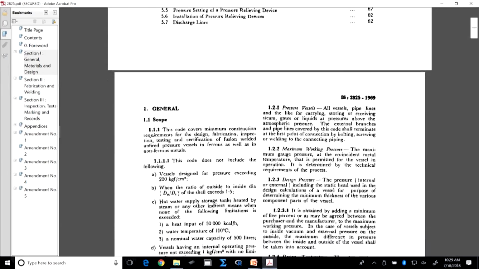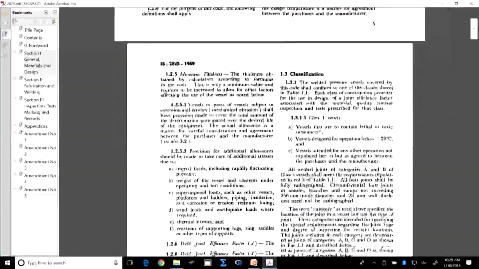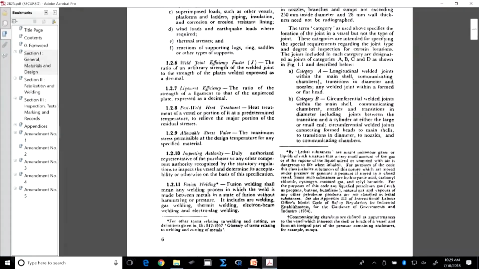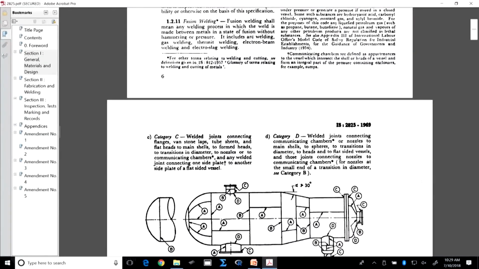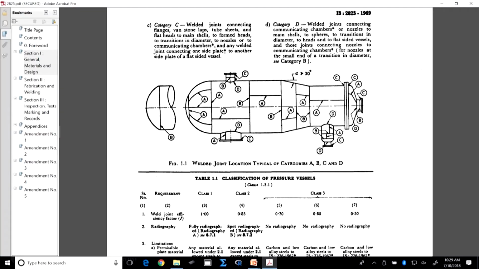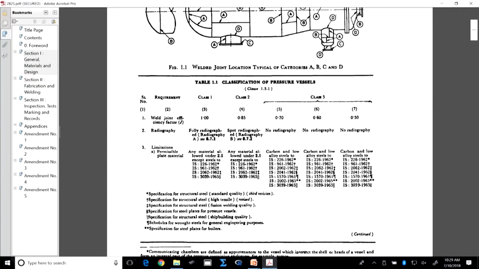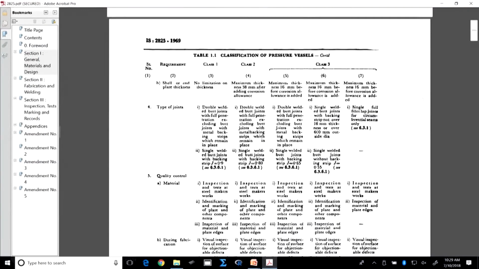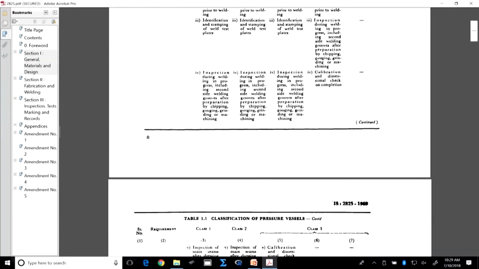So, if you consider this, here some of the values of j are defined, and if you remember this particular diagram, we have already discussed it in lecture 4, and here we have table 1.1, which also we have discussed in lecture 4. So, in this way you can use this.